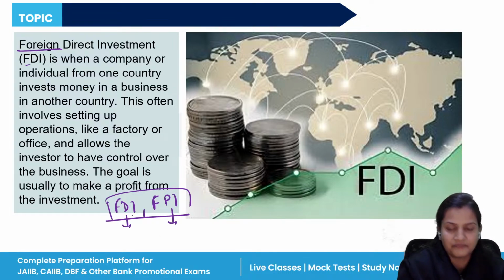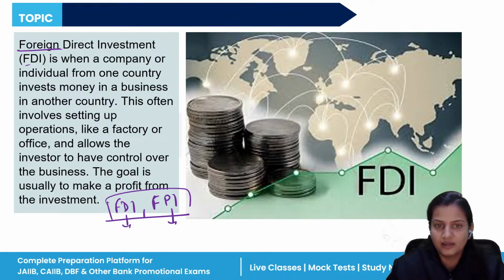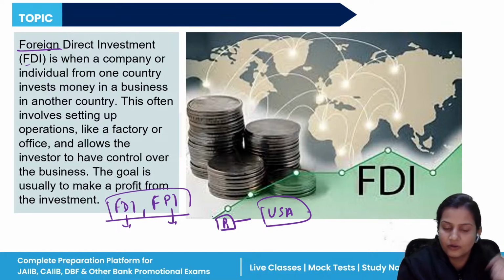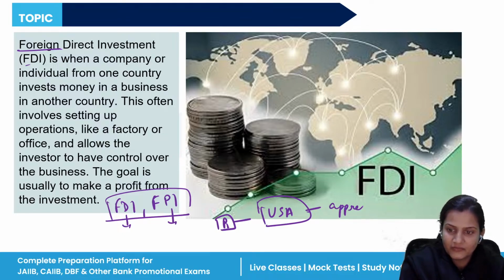Whenever you are investing in any country, suppose you have got a chance to invest in a particular project of a company situated in the USA. You say this project is very good, it will give me a good return. I will be earning more in the USA because the dollar is appreciated; the rate of the dollar is higher than the Indian rupee.